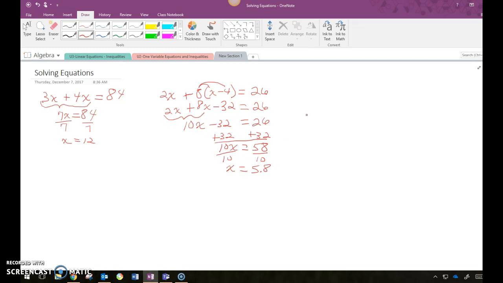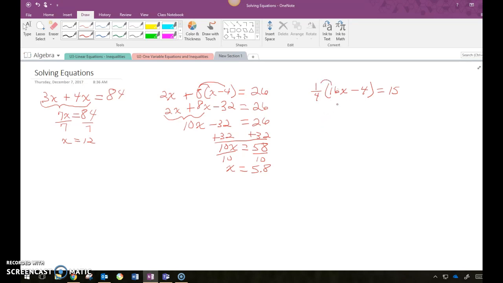Okay, guys, let's take a look at another example. What if I have 1/4 times 16x minus 4 equals 15? Again, we want to do our distributive property first and simplify this side.